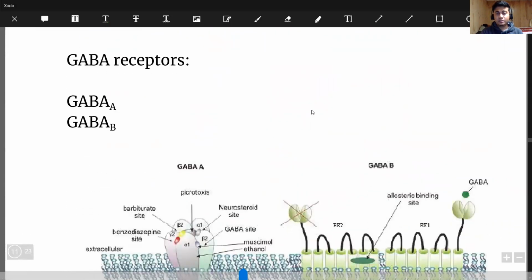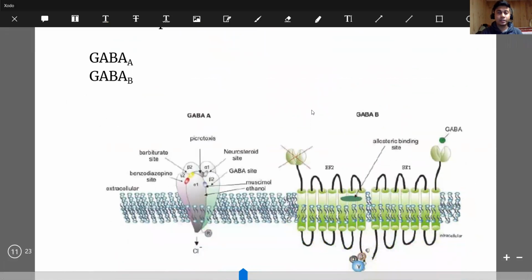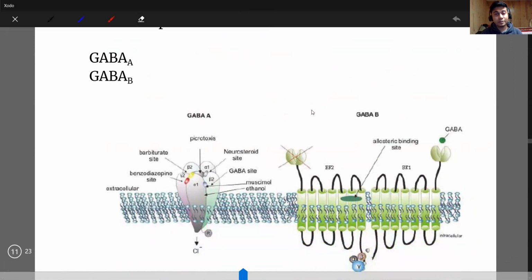Next thing is our G protein receptors, mostly the serpentine receptors. Now here you see the GABA receptors. GABA stands for gamma aminobutyric acid. We know that GABA is an inhibitory neurotransmitter of the body, right? This GABA receptor has two types: the GABA-A receptor and the GABA-B receptor.